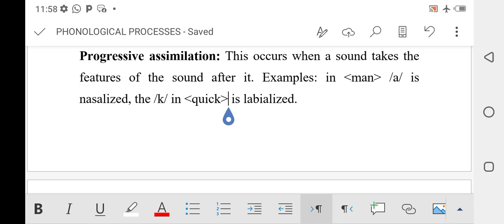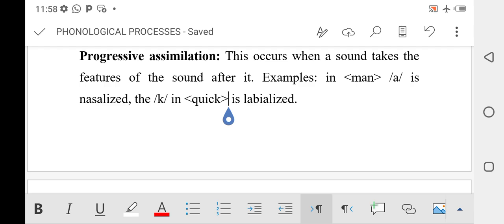So the lips become affected. When you're saying K, it is only the velum, which is the soft palate. But when you're saying KW, as in quick, you now find out that the lips become affected. And because of that, we say that K has become labialized.